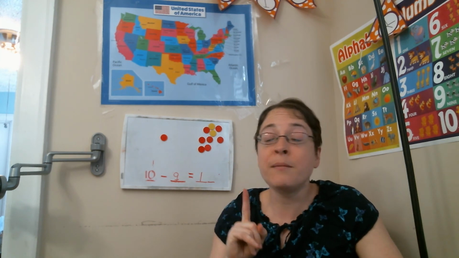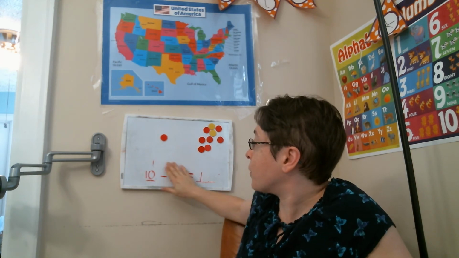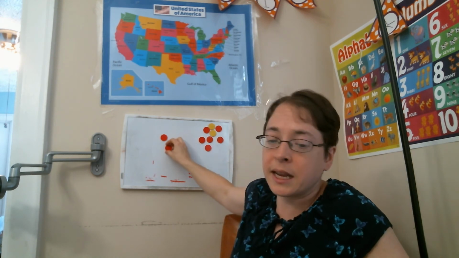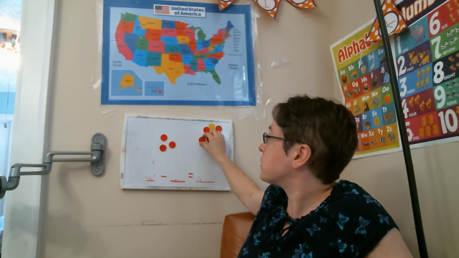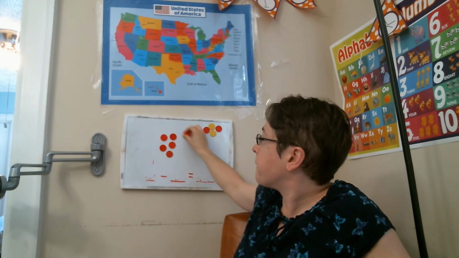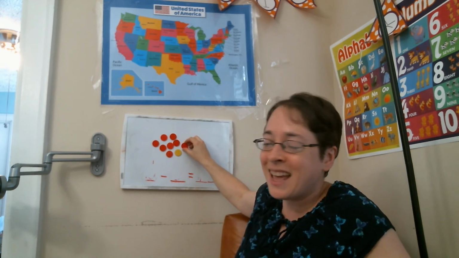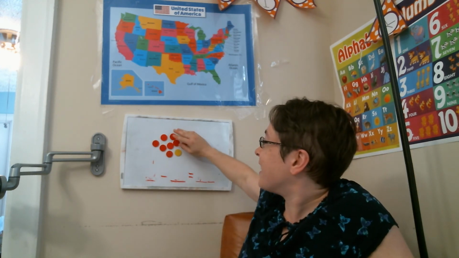But we have one more that we're going to do. We can keep them as cars. Since that one dropped, we will have 9. So there were 9 cars. I'm going to roll my die to see how many to take away. And you could do this at home. It's a fun way to make these sentences.